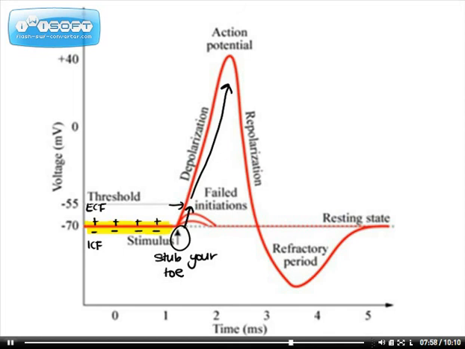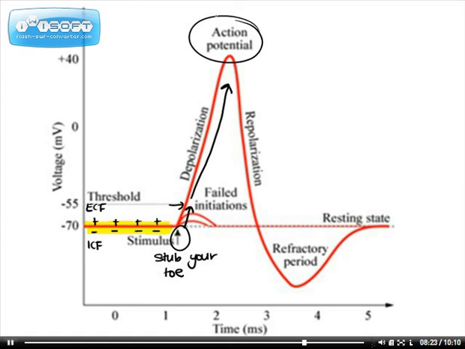So when that threshold has been reached, the membrane becomes more permeable to sodium. Sodium moves in, therefore changing the charge from positive on the outside to now positive on the inside, and we create an action potential. Now once that action potential's been created, it's quite quick. Obviously you know how quickly you feel pain when you stub your toe.